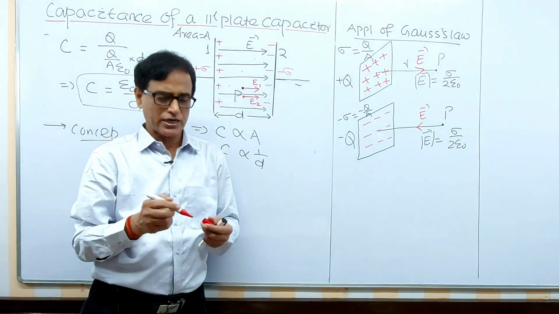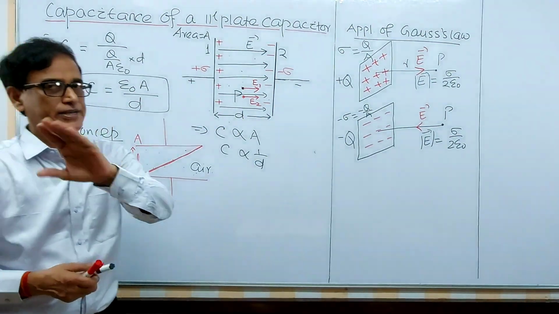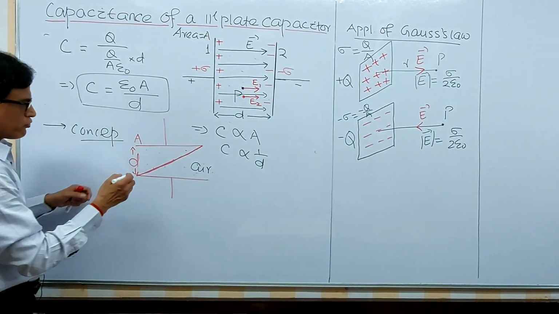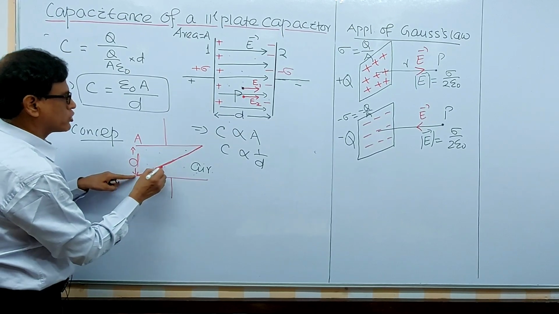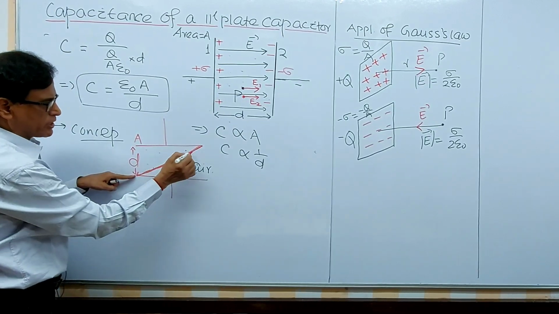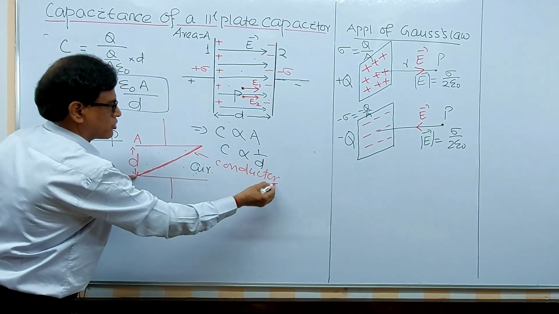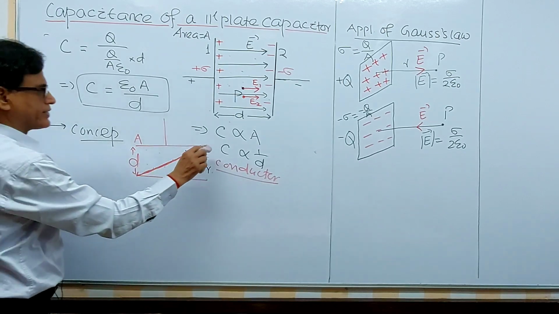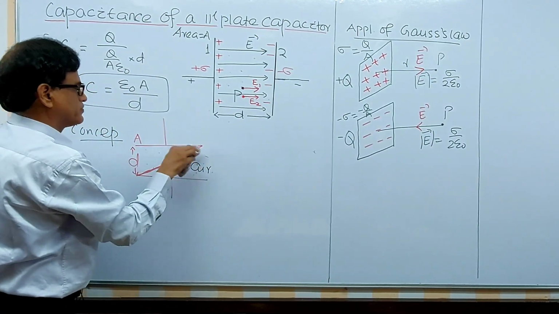The capacitance of the capacitor is Q by V, and the parallel plate capacitor formula we have already derived. Now you will be asked a question. If you connect these two plates by a conducting plate, then what happens to that capacitance?